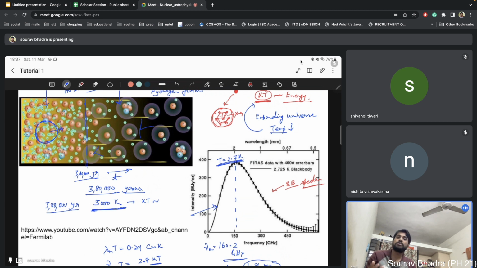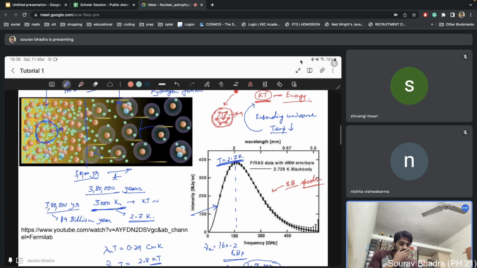So you can see it has cooled much further from 3000 Kelvin, and right now the temperature has come to 2.7 Kelvin. So from 380,000 years to 14 billion years, 3000 Kelvin has decreased to 2.7 Kelvin only. So at the beginning of the CMB, the temperature was not 2.7 Kelvin, it is right now that we are detecting this temperature. It can go below that also with more age of the universe. Okay.